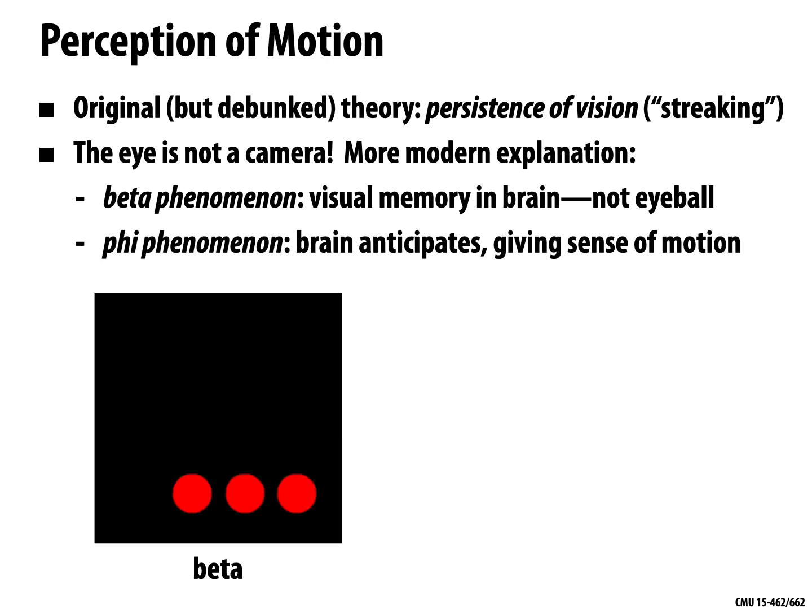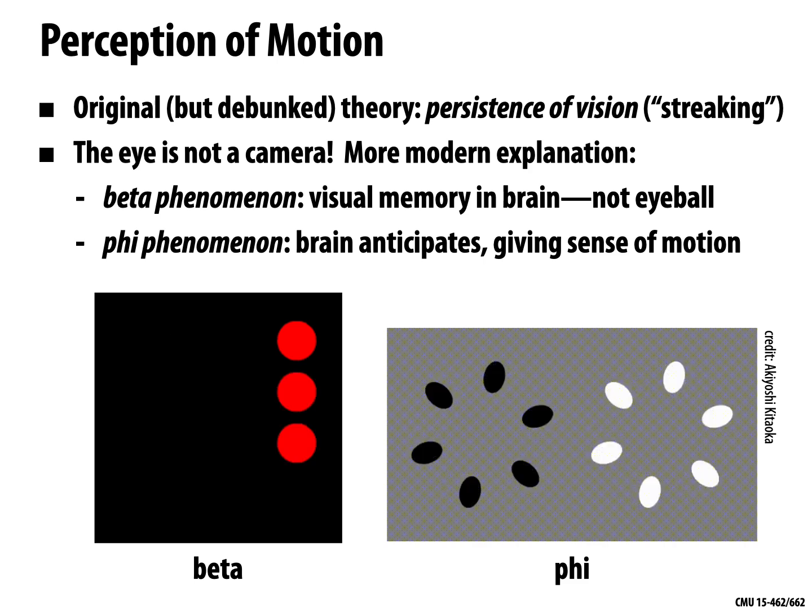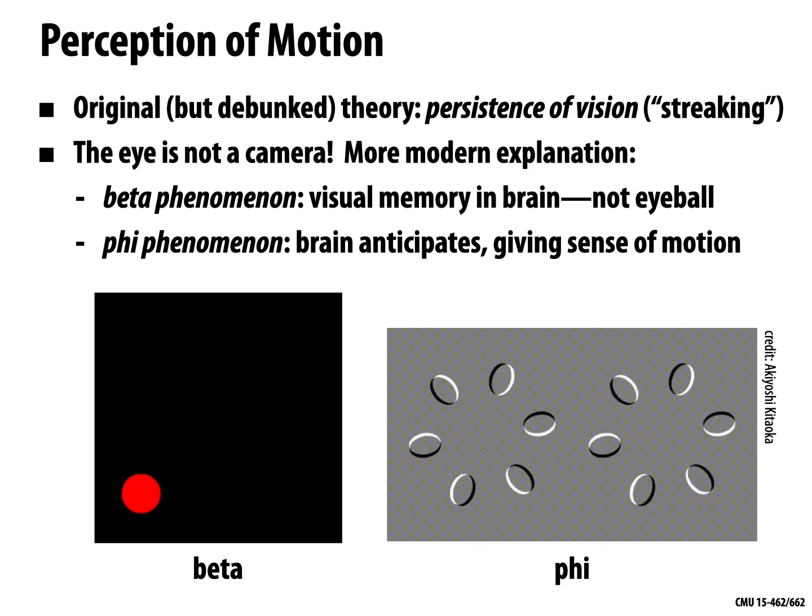There's also something called the phi phenomenon, which is that the brain anticipates motion, that there are visual cues that you see in nature that make you feel like motion is going to occur. And so here's a cool optical illusion that takes advantage of this phi phenomenon.